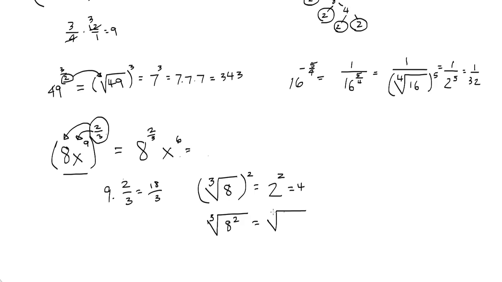And the cube root of 8 times 8 is 64. What times itself 3 times gives us 64? 64 is 4 times 4 times 4, so that's also 4. So my answer here is 4x to the 6. So there you go. That's how you simplify expressions that have rational exponents in them. Thanks.